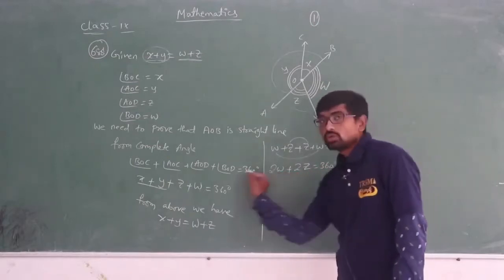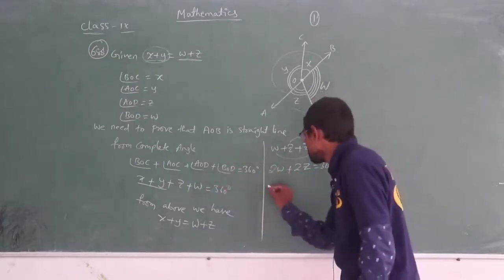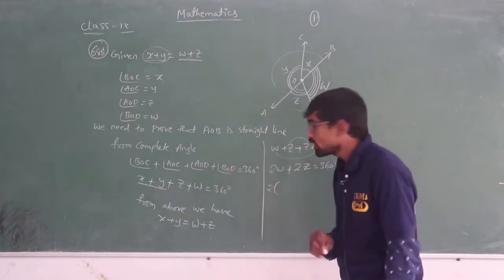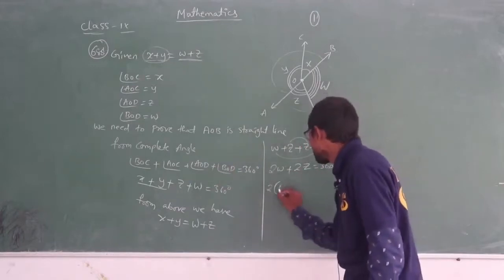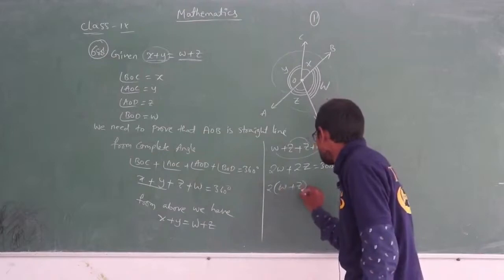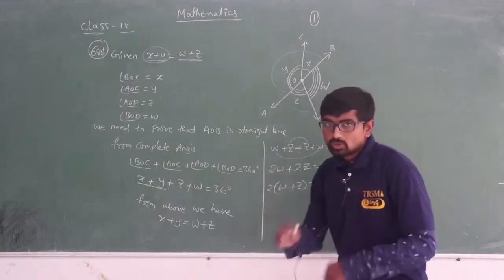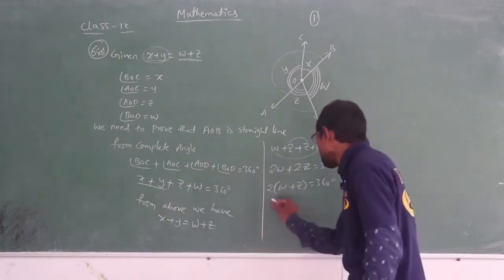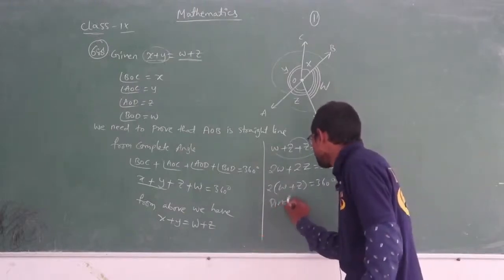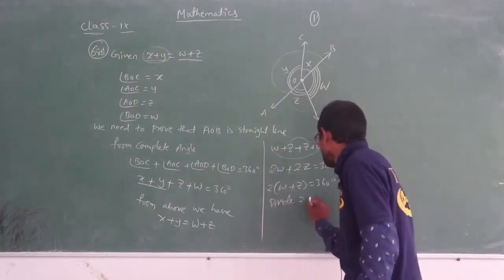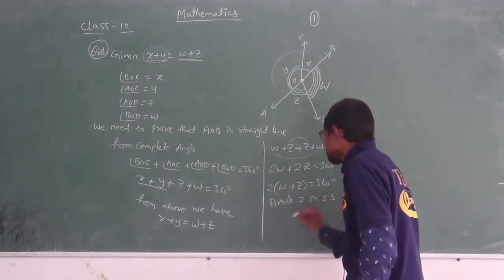Now I am taking 2 as common outside. So what is the remaining? 2 times w plus z is equal to 360 degrees. For these variables, 2 is multiplying, so we have to divide by 2 on both sides, isn't it?